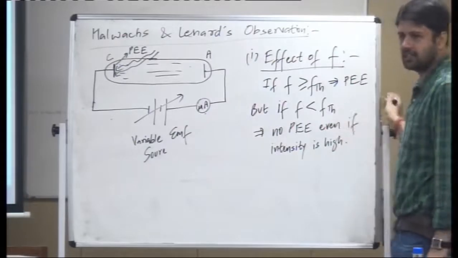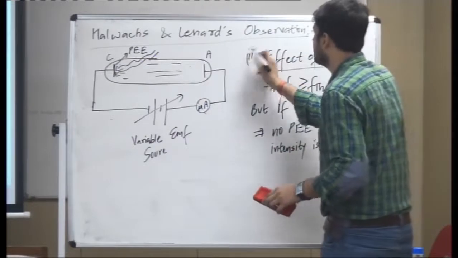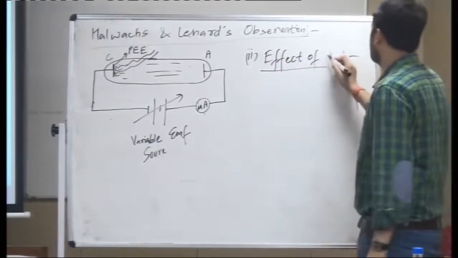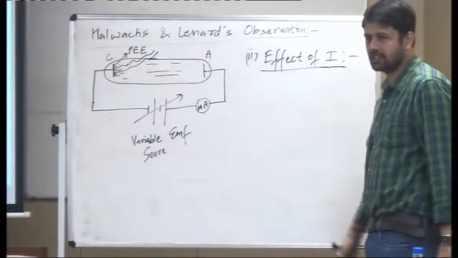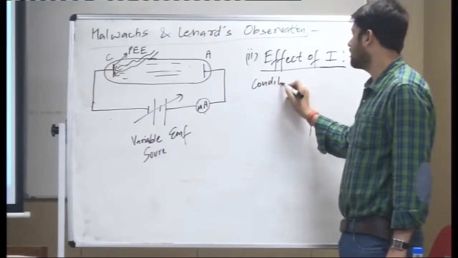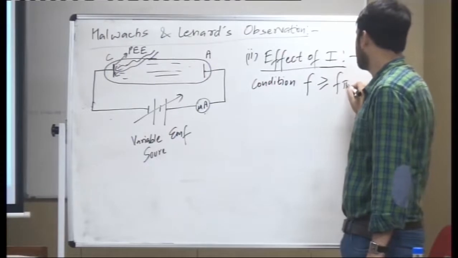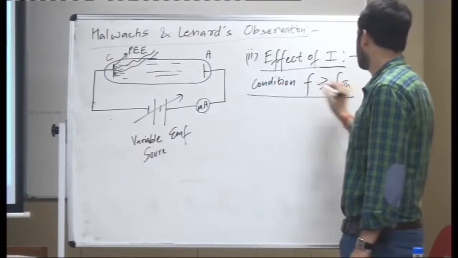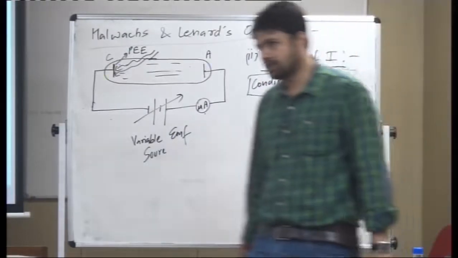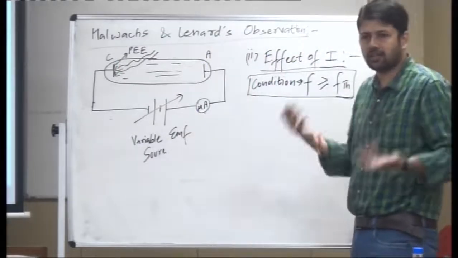Can I erase this? I will write everything in this shorthand format. So the second is the effect of intensity. The condition here was that frequency was already more than threshold frequency, because if it is lower than threshold frequency, photoelectric effect won't happen at all.